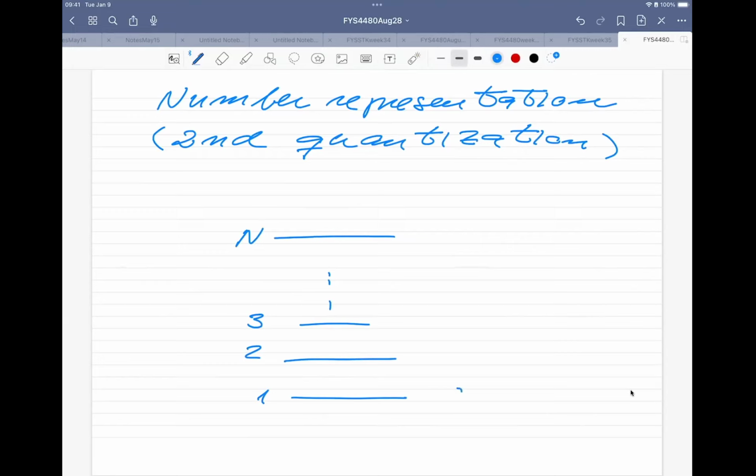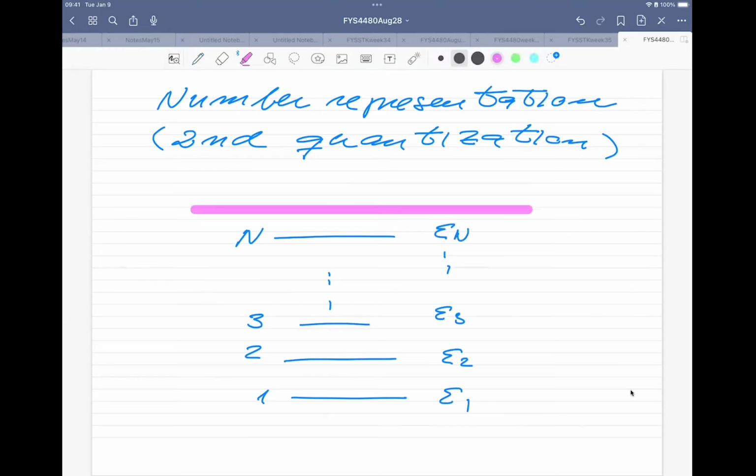So we could have the lowest lying state epsilon 1, then epsilon 2, epsilon 3, etc., up to epsilon n. If we have fermions, we would typically call this the Fermi level. And then we have further states up here, epsilon n plus 1. These are single particle states n plus 1, and this goes all the way to infinity. But as I said, we are going to truncate.